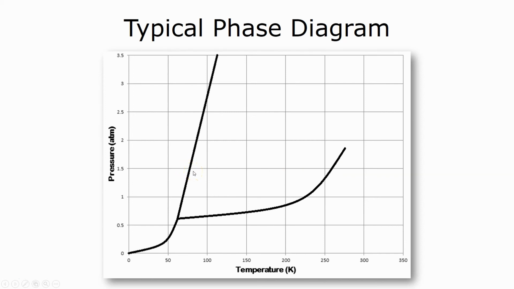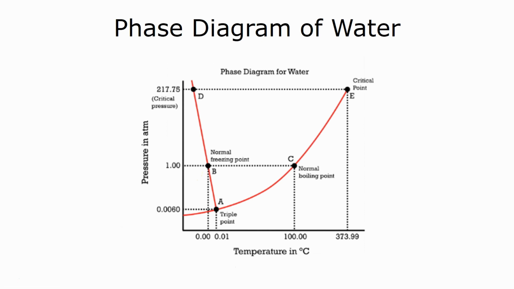Now compare this to the phase diagram of water. Here, the equilibrium line between solid and liquid leans to the left. Well, what this means is that as you take solid water, say at 1 atmosphere, and you exert pressure on it, it actually moves into the liquid phase. And this is due to hydrogen bonding.